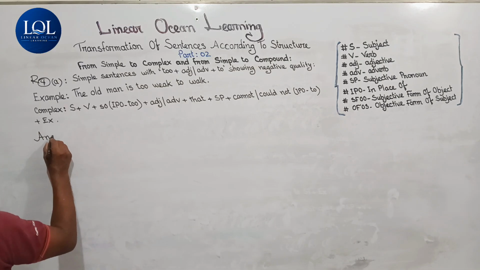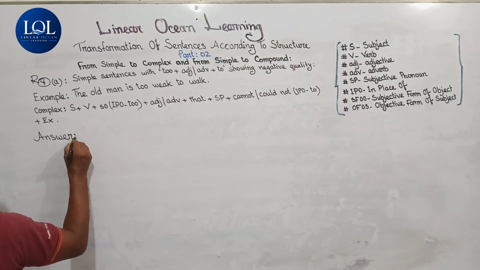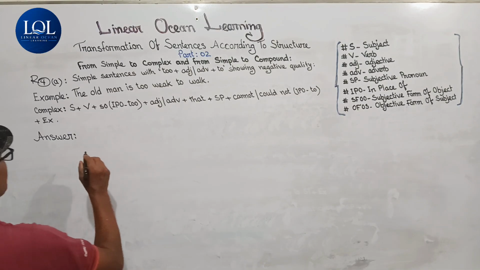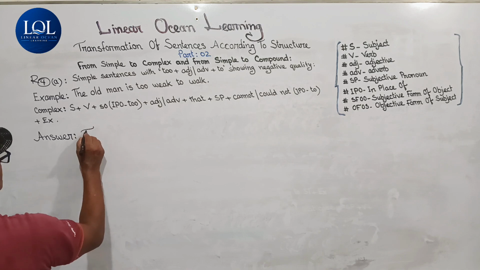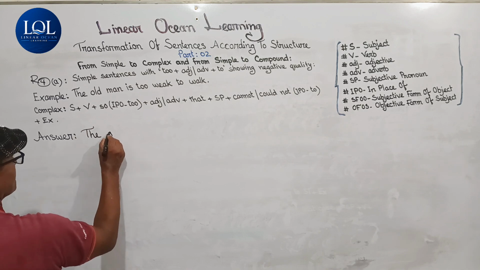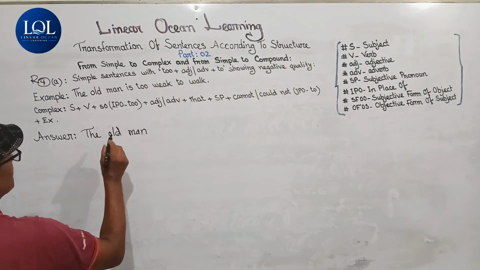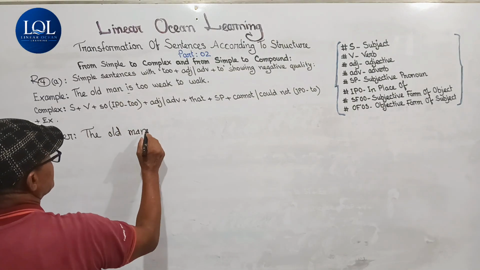The answer of the question, that is, The old man is too weak to walk, and its complex one is: subject, the old man. Then verb, here is.